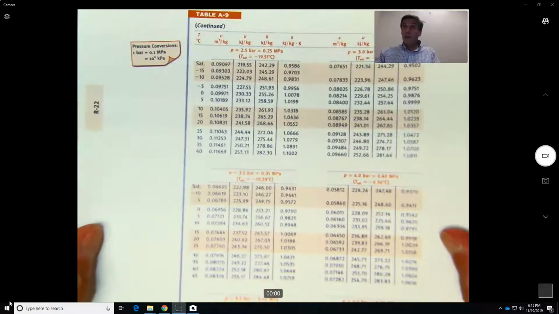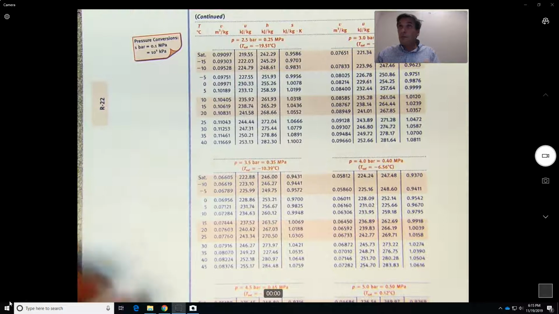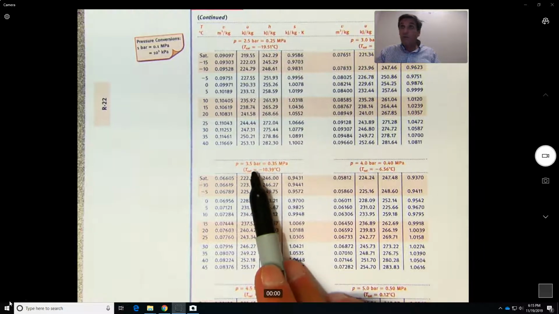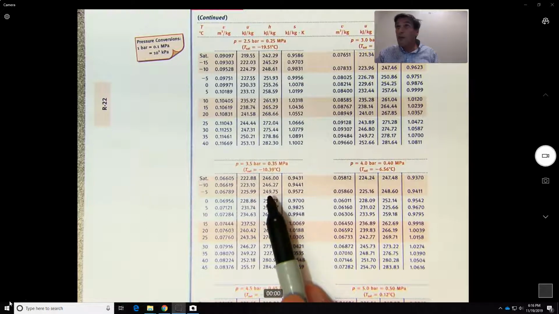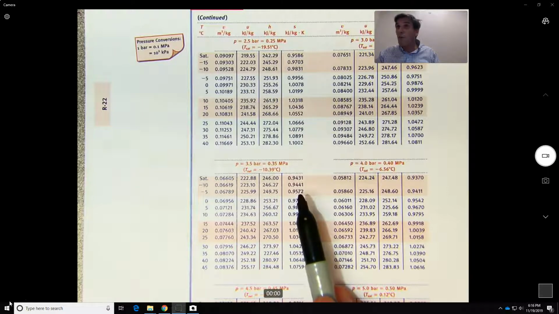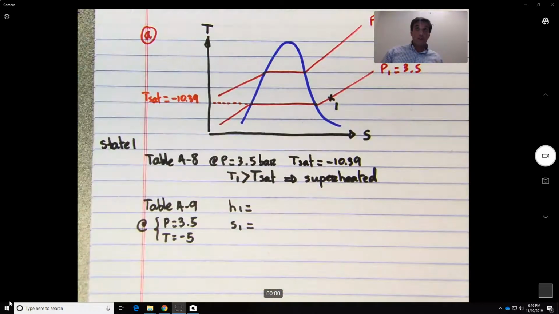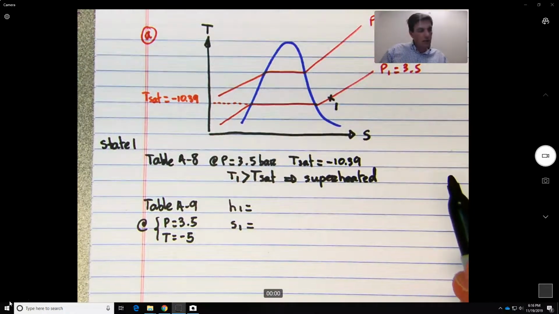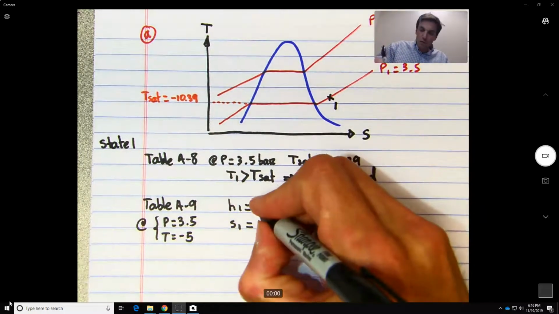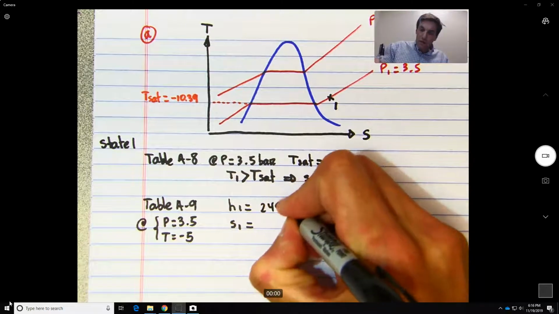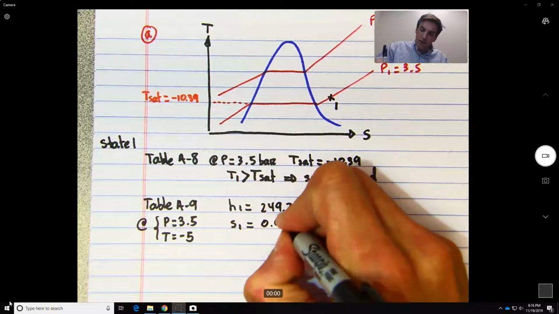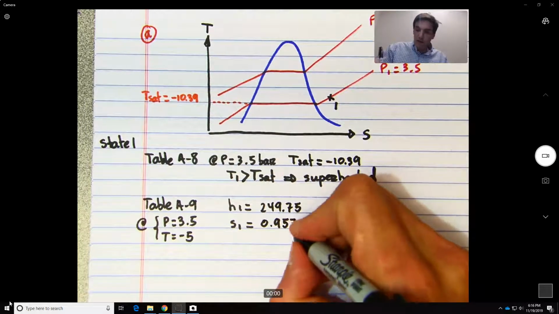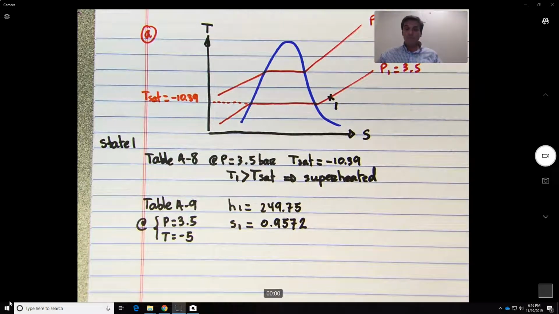So I have the table right here. So let's see, you can read. So here 3.5 at minus 5. We have H to be equal to 249.75 and S equal to 0.9572. So we can write this down. So H1 is equal to 249.75. Not sure we're going to need this quantity, but it's better to have more than not sufficient information.